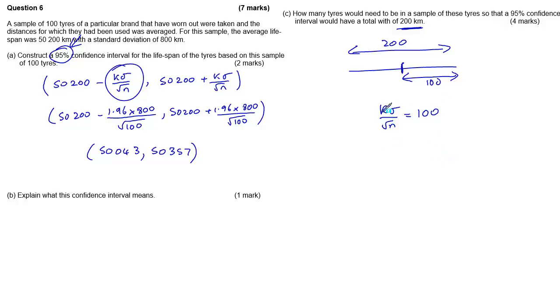So the K value is going to be 95% confidence interval. It's going to be the same value we used before, so we use 1.96. The sigma won't change, so we need this, and rearranging that gives us root n is 1.96 times 800 over 100.